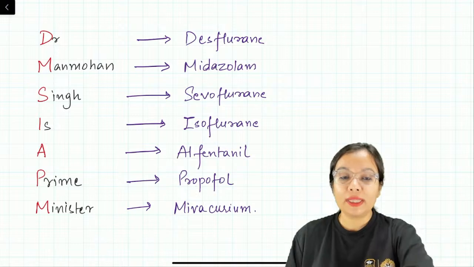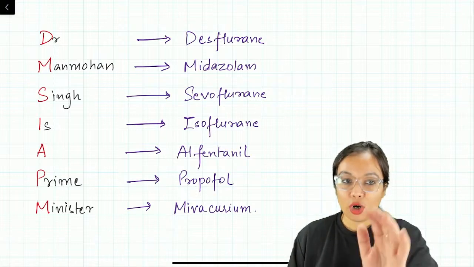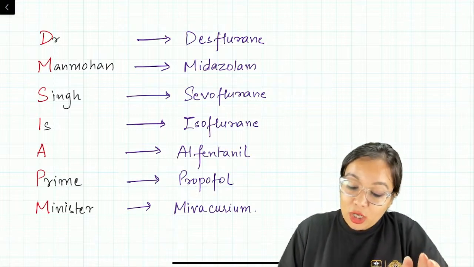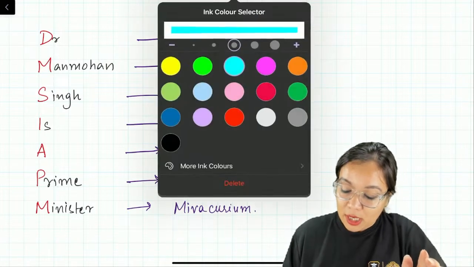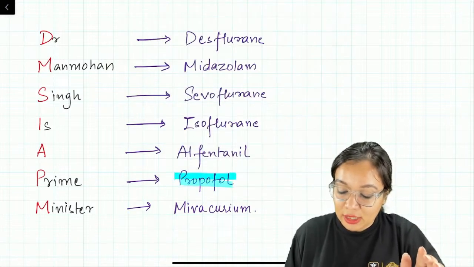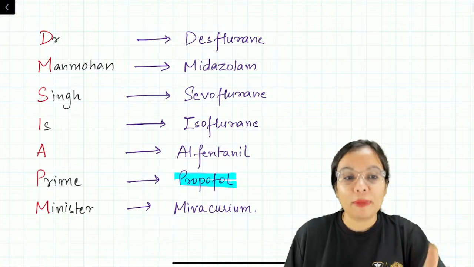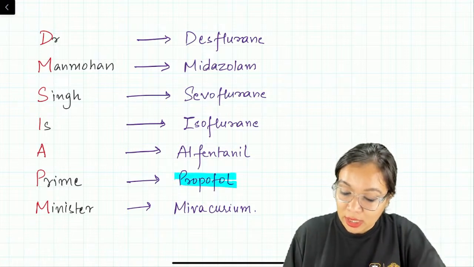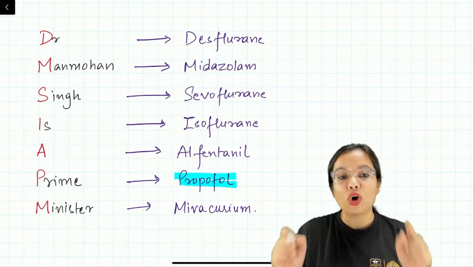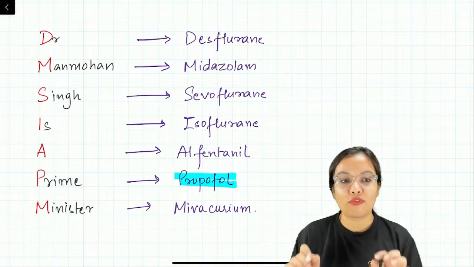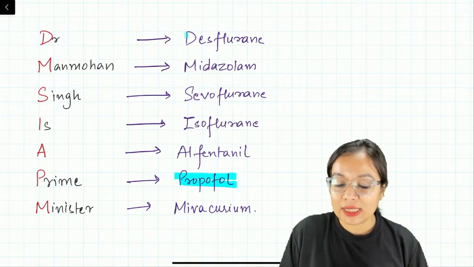In the options given, the first is propofol. Yes, propofol is a daycare surgery drug. Option B is halothane. Halothane is not present in this list of drugs. Option C says desflurane.